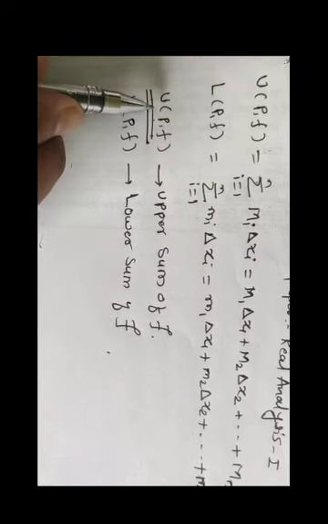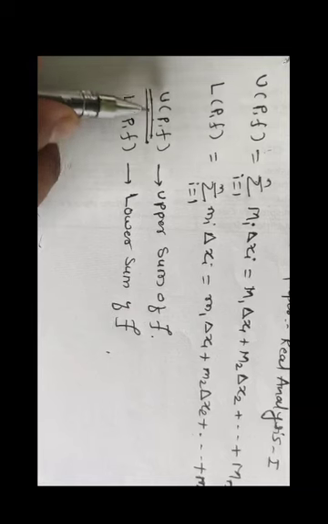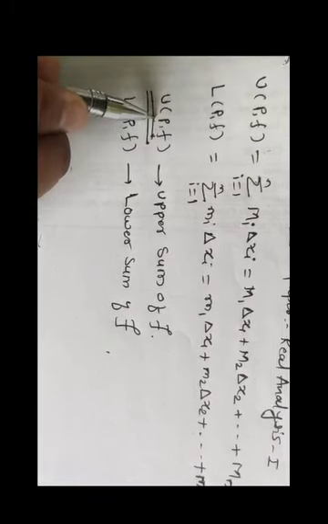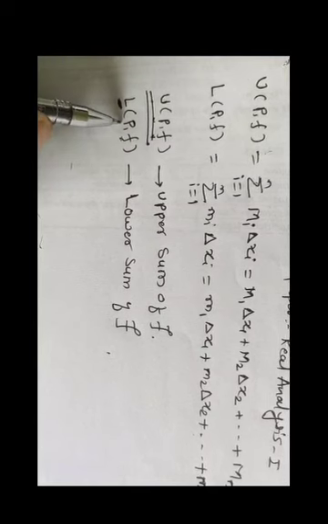Here f means function, P means partition, and U means the upper sum. That means the sum of all upper values of the function f on the partition P, and this is the sum of the corresponding lower values of the function f on partition P. So this is the upper sum of the function and the lower sum of the function.